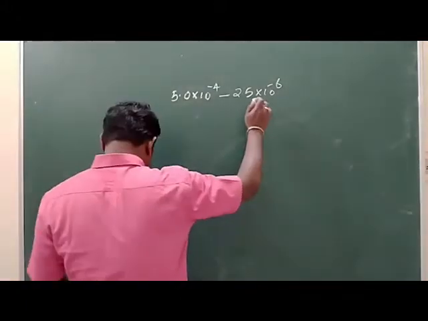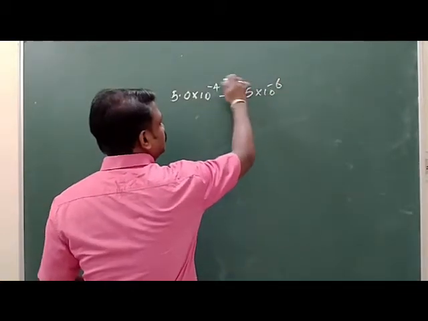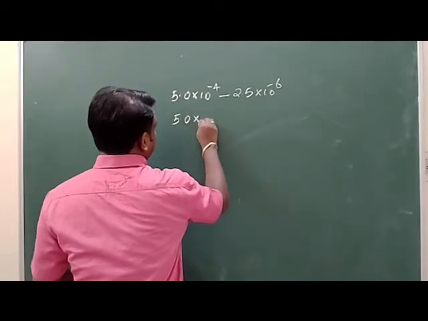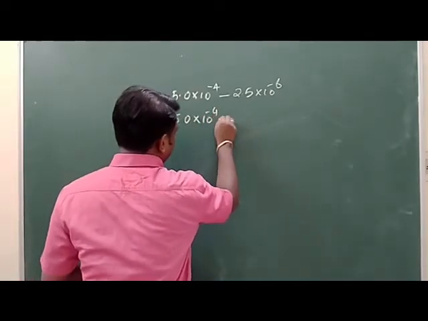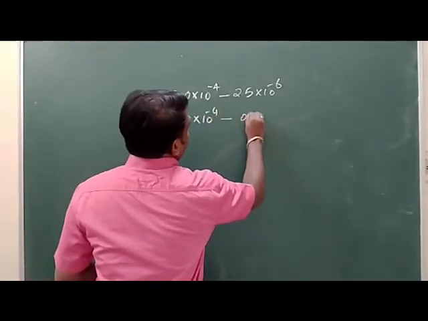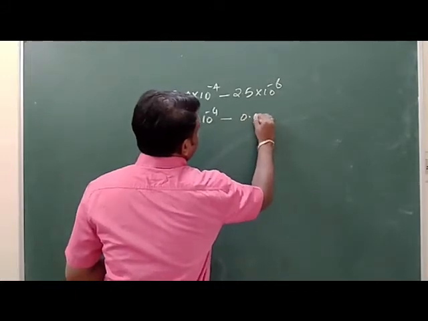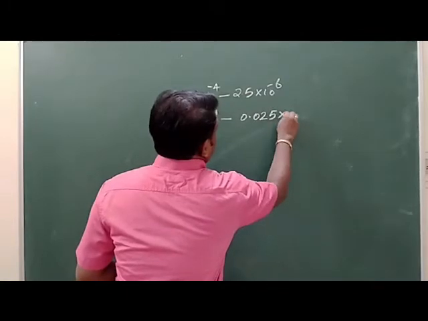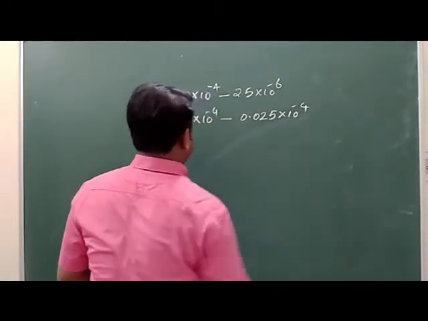And this 10 to the power minus 6 you have to convert into 10 to the power minus 4. So it is 5.0 into 10 to the power minus 4 minus 0.025 into 10 to the power minus 4.